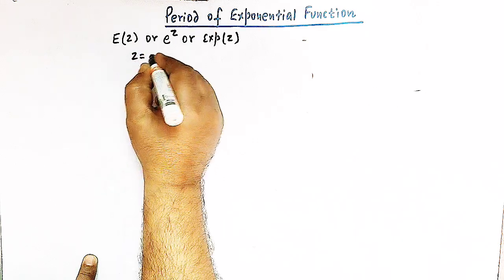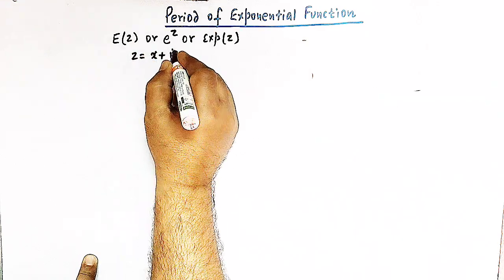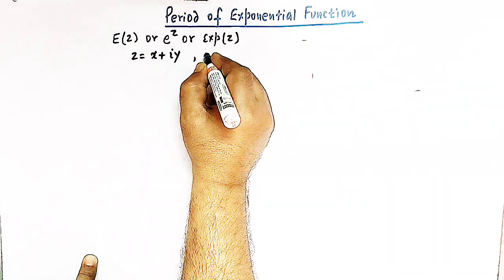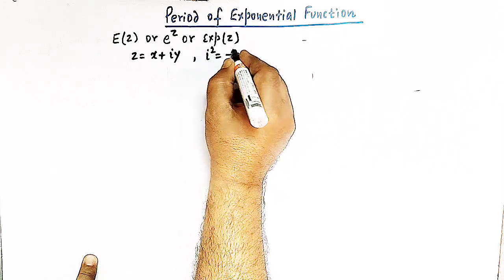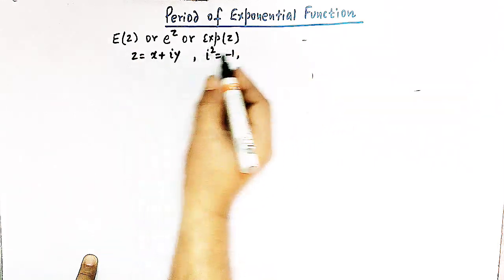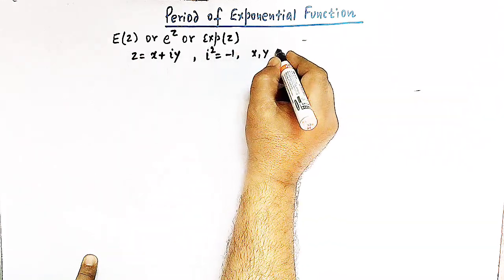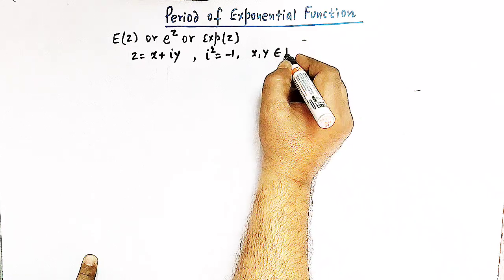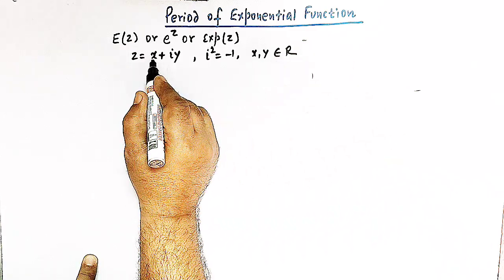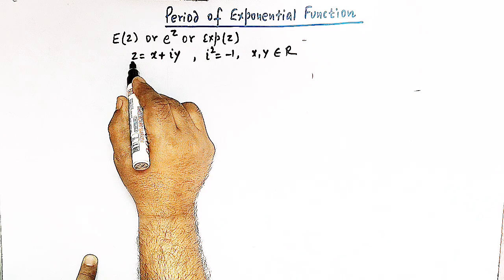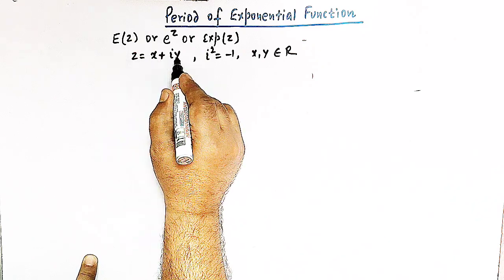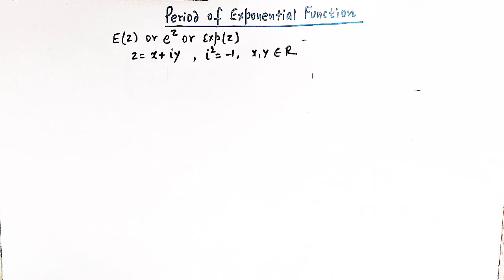So here z can be written as x plus iota y, where i square is equal to -1, and x and y belong to the set of real numbers, and x is the real part of z, and y is the imaginary part of the complex number z.